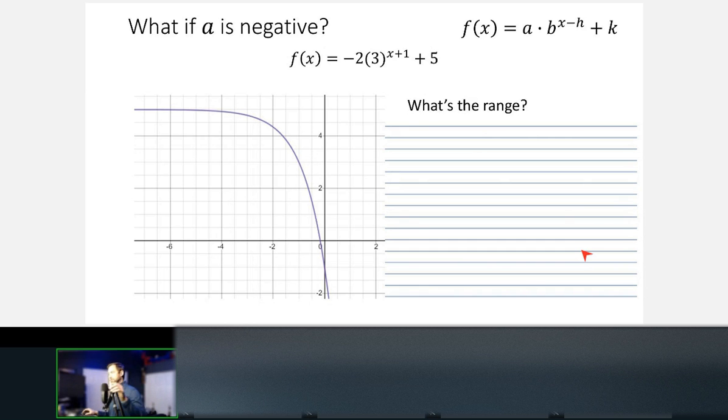Remember, Brady, look at the graph to help you.